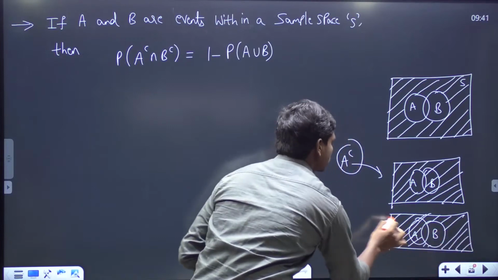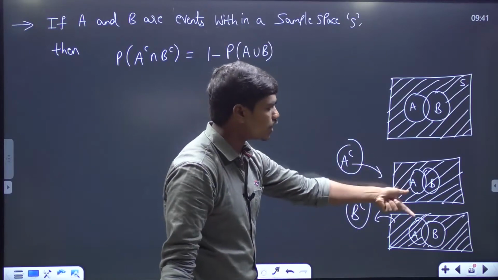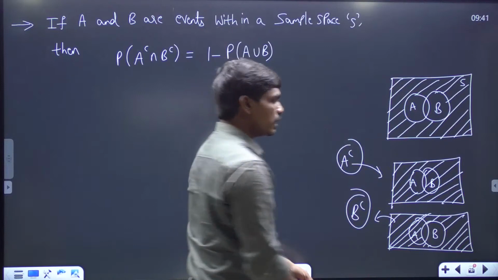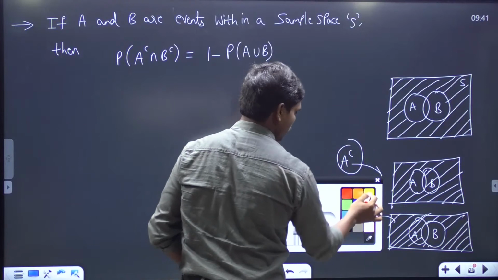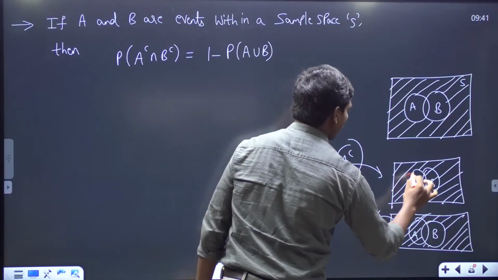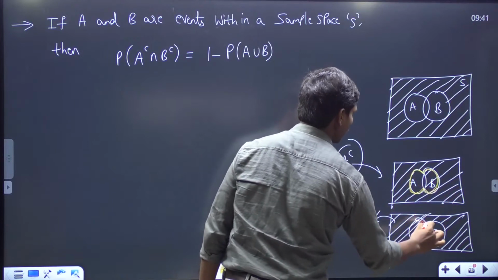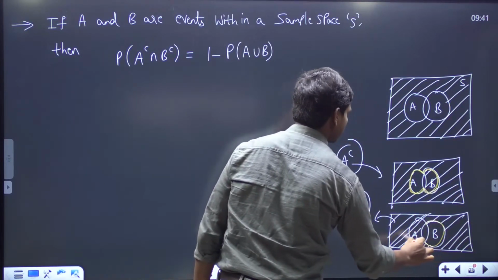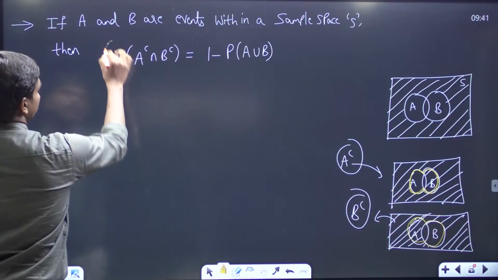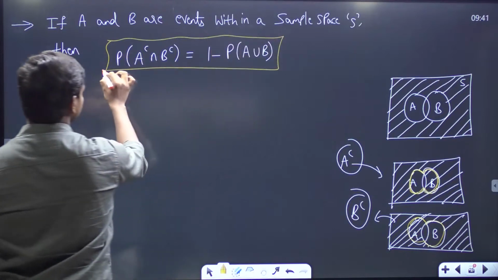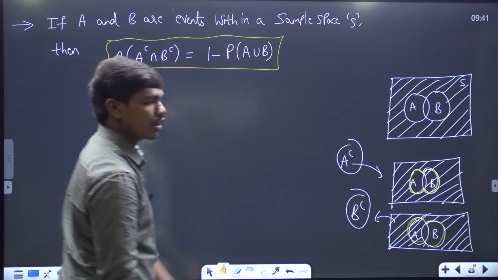If you want to write the common portion of these two, then this is the common portion, because everything outside is common for both these diagrams, since it is shaded. The only difference is lying here. So this is nothing but 1 minus P of A union B. This result is important because you have the formula for P of A union B, so you can always calculate this result.